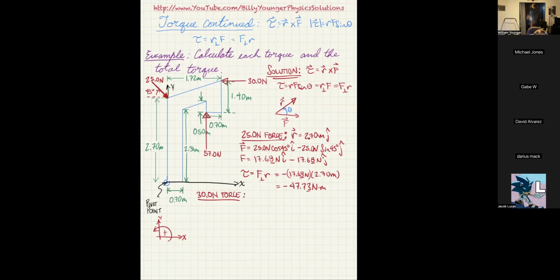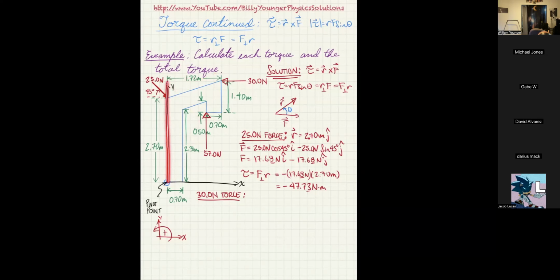Now, in this case, the lever arm is, let me remind you again, I've drawn it a couple times, but just to make sure we're all on the same page, that's the lever arm. And you see the lever arm actually has a component that is perpendicular to the force and another component that happens to be anti-parallel to the force.